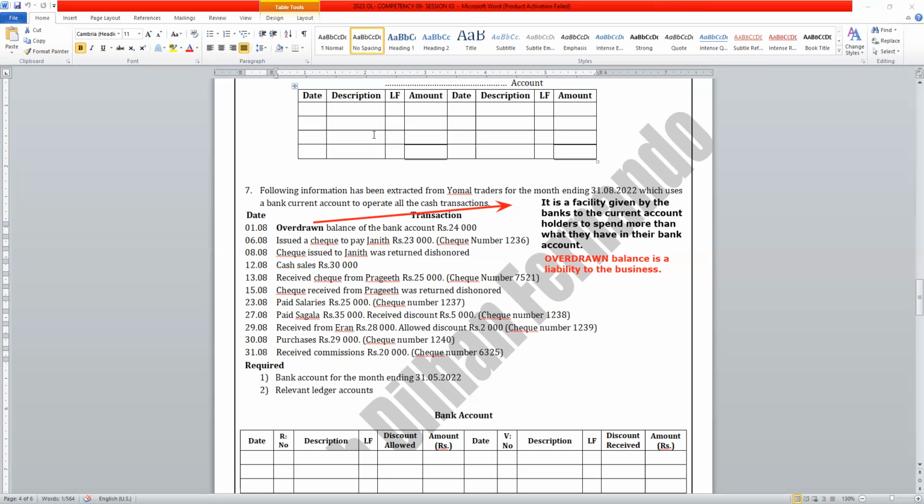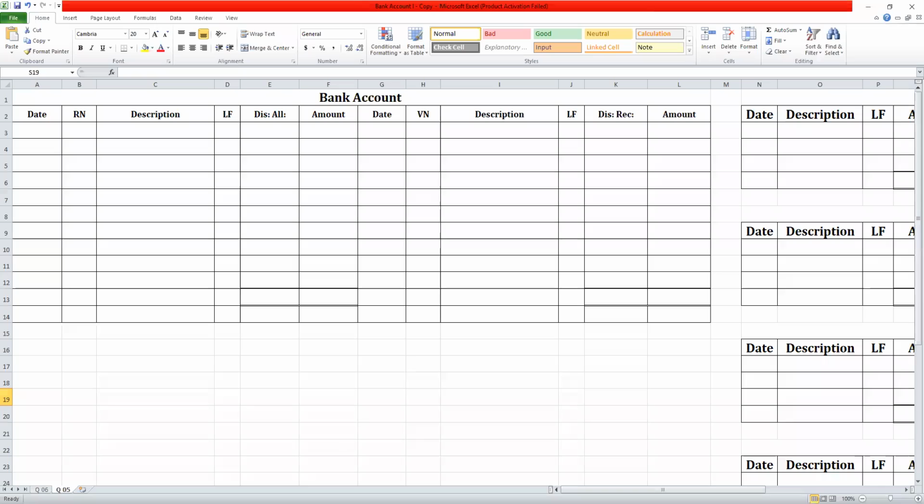Okay, now let me take you to the answers format. Here we have it. I think you have highlighted the first transaction.